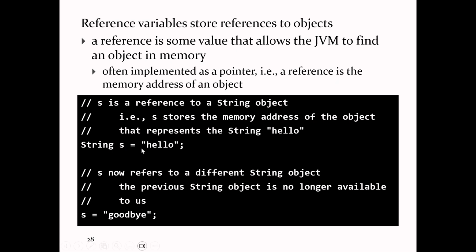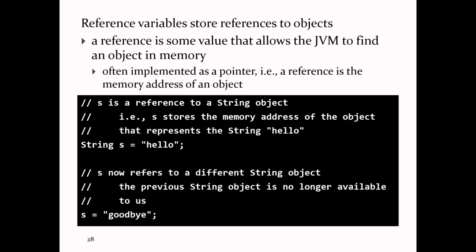It's the address of some object that represents the string hello. I can reassign s so that it refers to some other object. If I now assign s the string goodbye, there's now a string object that represents goodbye, and s holds the address of that new string object.